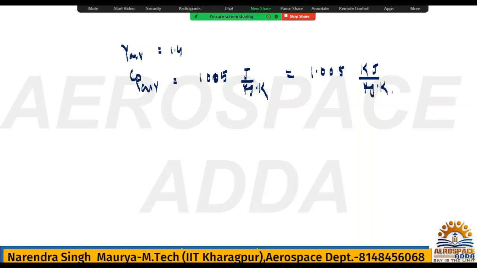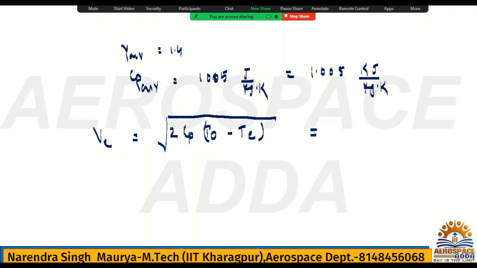This is the data, no? You can calculate exit velocity: 2 Cp times (T naught minus Te). If you do this, you will get Ve 583, or I can say 584 meter per second. Okay, this is the exit velocity.